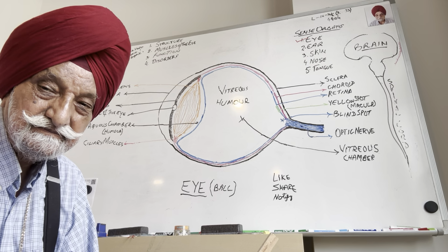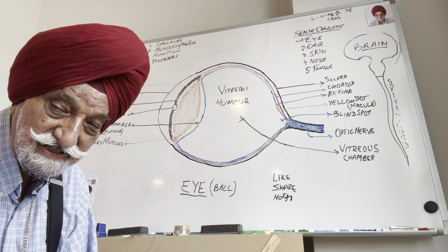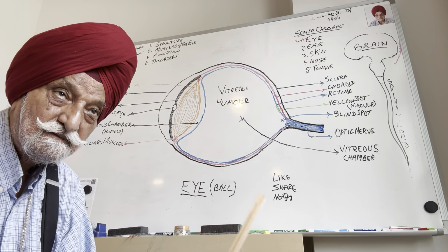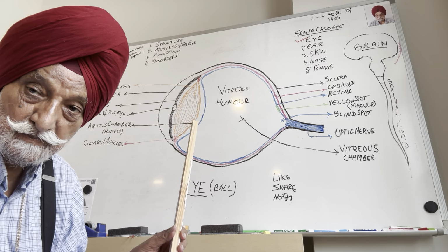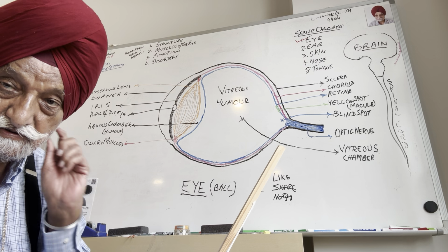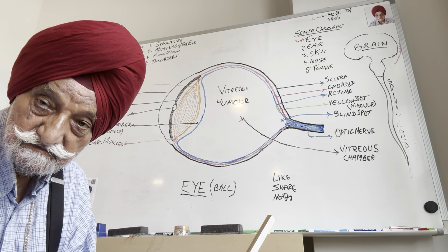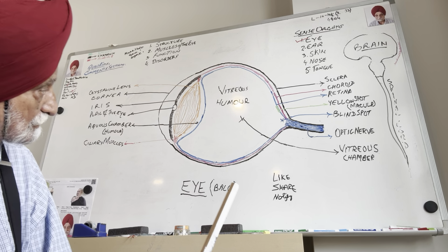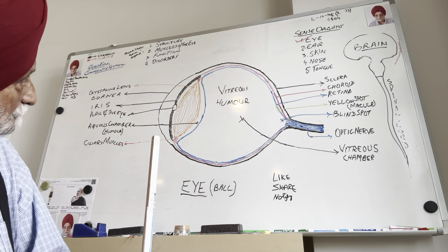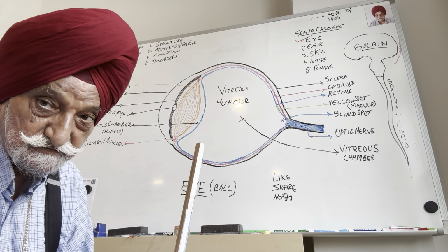This ability of the eye or that of the lens to increase the focal length or decrease the focal length, and hence make the images of distant objects and the close-up objects on the retina is called the power of accommodation. Power of accommodation. Now, that is about the structure of the eye.